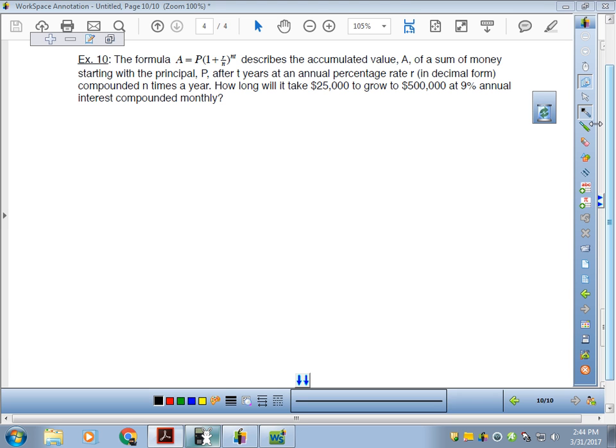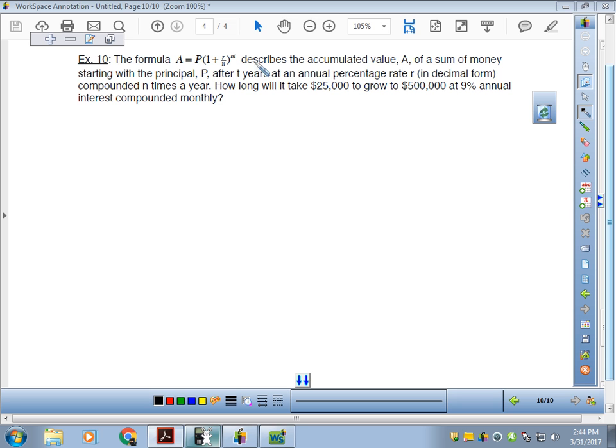It tells us that the formula A equals P times (1 plus r over n) raised to the nt power describes the accumulated value A of a sum of money starting with the principal P after t years at an annual percentage rate r, written in decimal form, compounded n times a year. How long will it take $25,000 to grow to $500,000 at 9% annual interest compounded monthly?